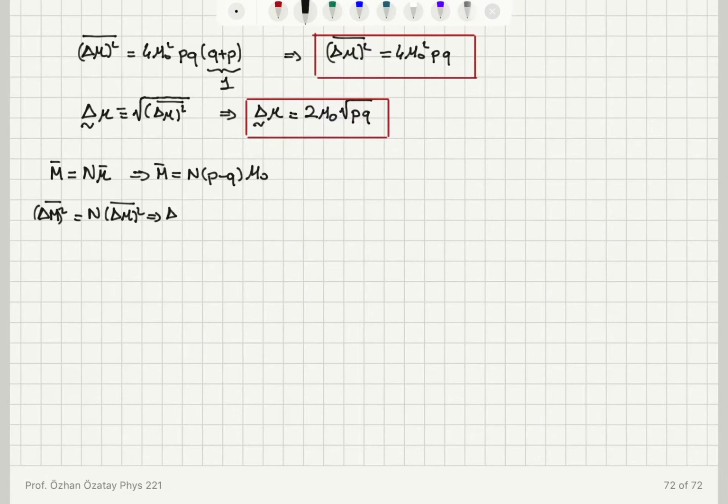Therefore, I will find that the variance of the total magnetic moment should be equal to 4 n p q mu 0 squared, and therefore the standard deviation of M, capital M, which is square root n times the standard deviation of mu, is 2 square root of n p q times mu 0.